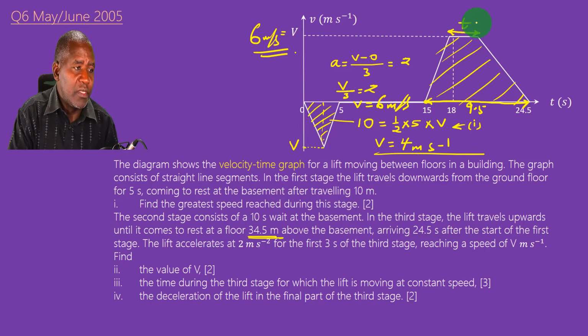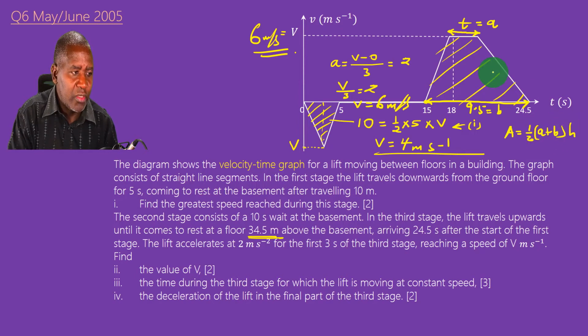This is A, this is B, and the formula to remember when you're working out the area of a trapezium is equal to a half into A plus B times H. This is always the height.